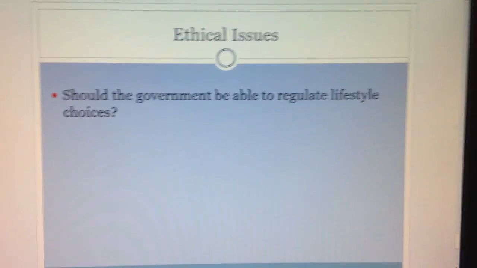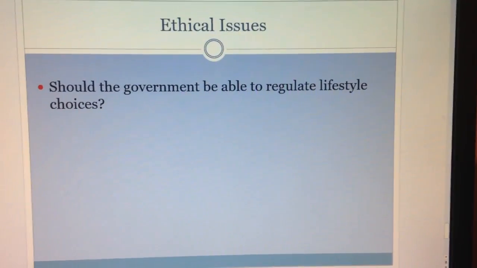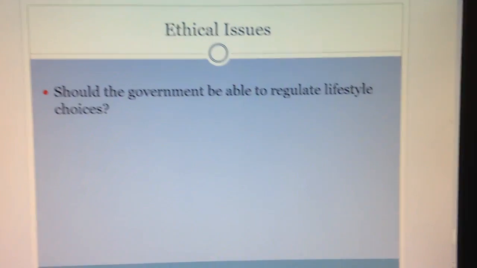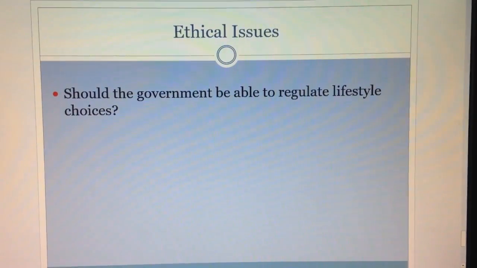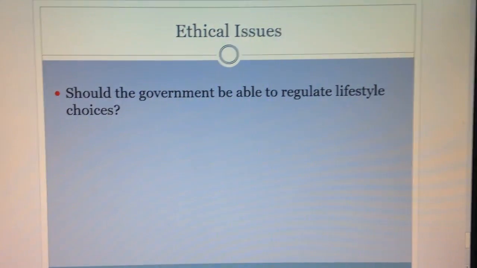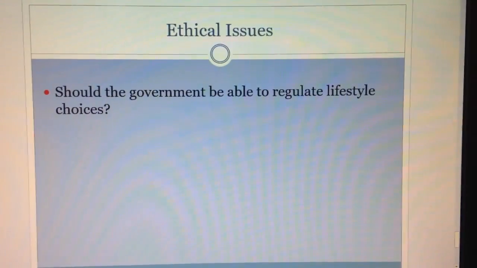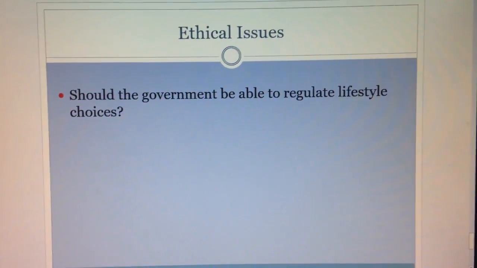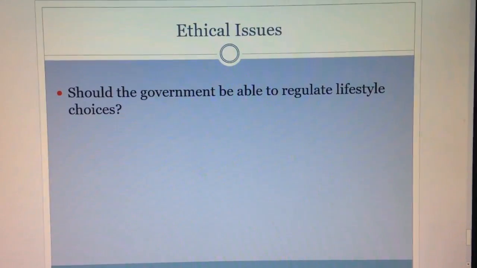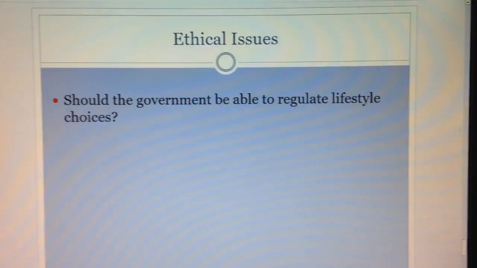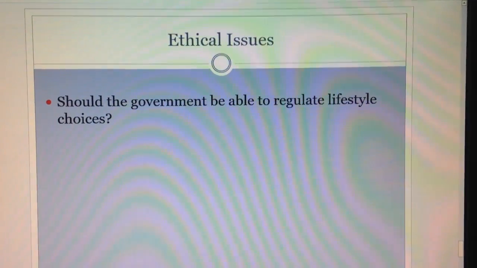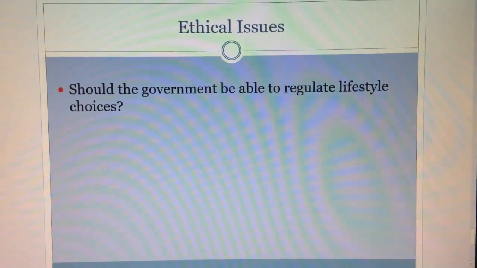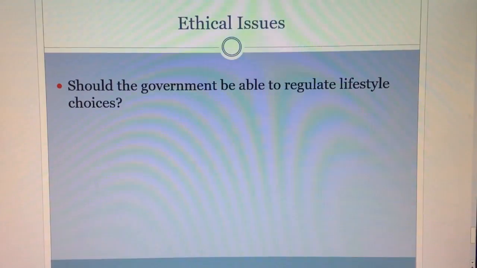And ethical issues. Should the government be able to regulate lifestyle choices? I guess this is the real debate here. It's very controversial. Some people say that it is your choice to, for example, smoke. Everybody knows that smoking is bad for your health, but if you would like to do it, that is your choice, and the government should not be able to regulate those lifestyle risk factors, seeing how they impact you.